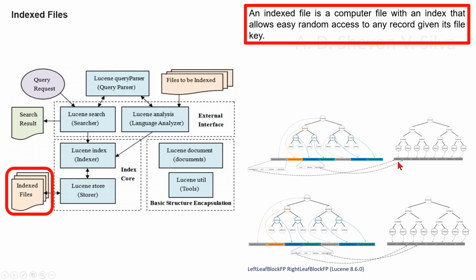And here you can see this inner node is connected to the left node, which has a leaf child, and its code, split value, and right leaf block FP are connected to this leaf node data here.